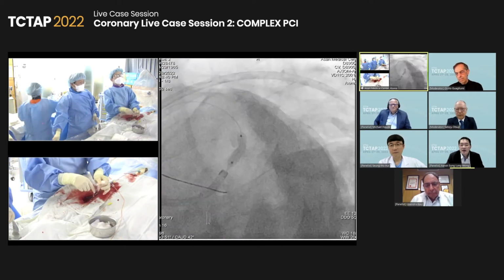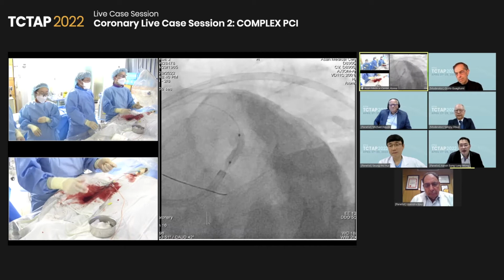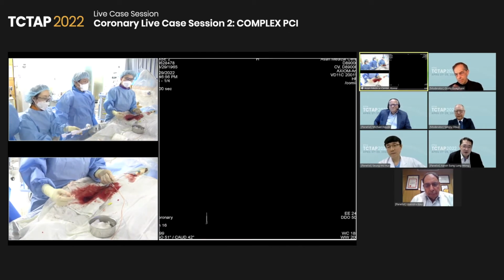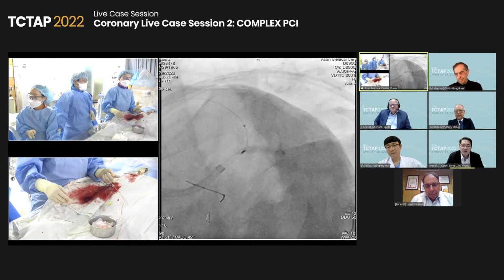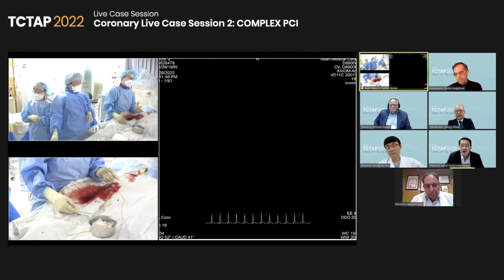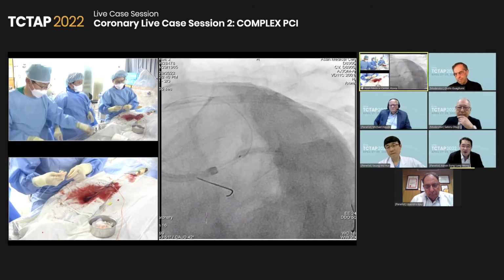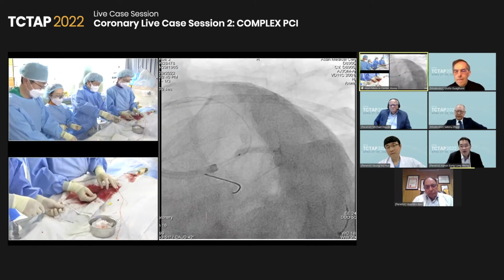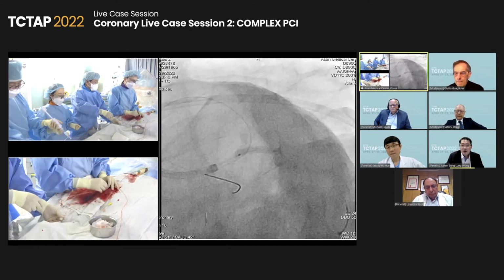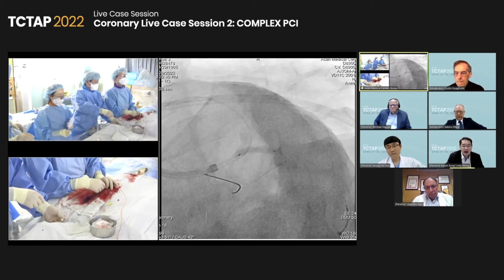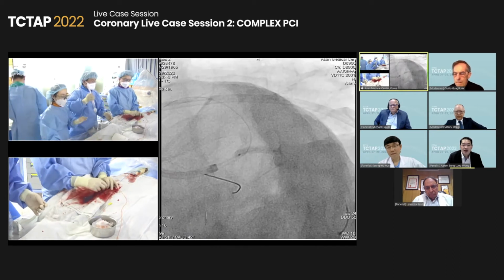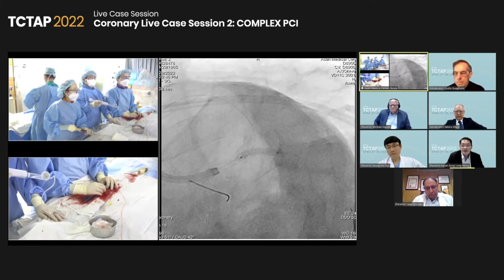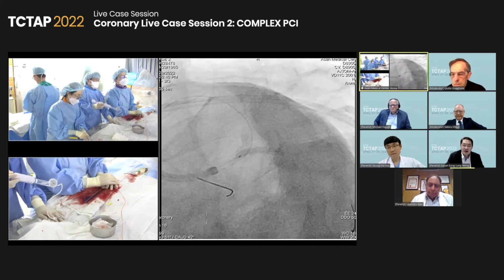For me, I don't think that IVL would work for eccentric calcified nodules, but you reported some cases where it does help. In this case, I would use a non-compliant balloon to get as much lumen as I can. I don't think that we can ever get a perfect result, but as long as you achieve a good lumen with stenting, I will accept that.